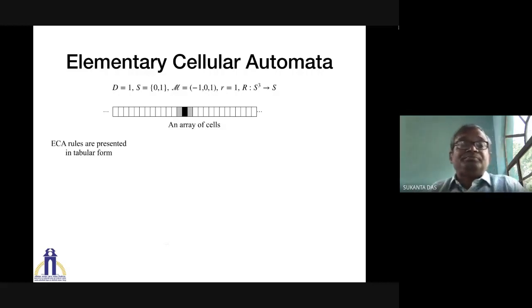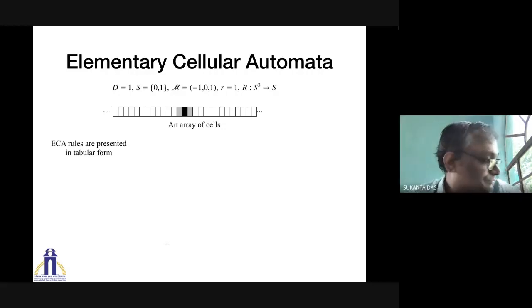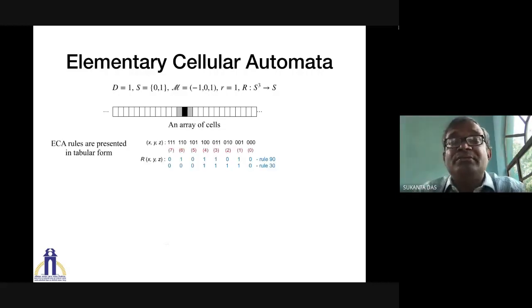Now, in that work, the statistical mechanics of cellular automata, he represented ECA rules in a special way, in tabular form, in this way. I think you'd appreciate the simplicity of these ECAs.